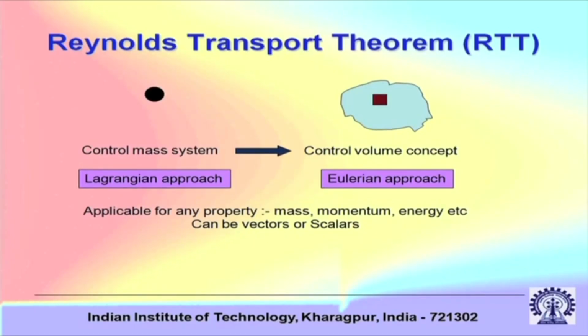In the Reynolds transport theorem, we have a control mass system, which is the Lagrangian approach, and a control volume concept, which is the Eulerian approach. We want a mathematical transformation that takes the Lagrangian approach to the Eulerian approach.